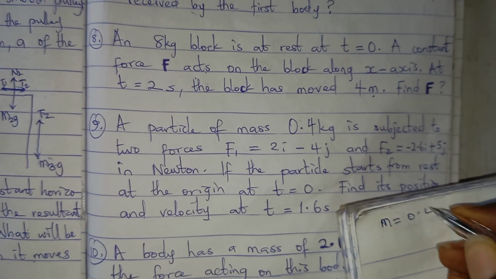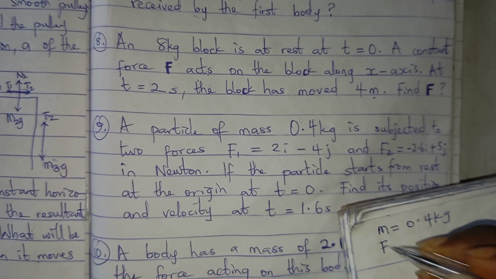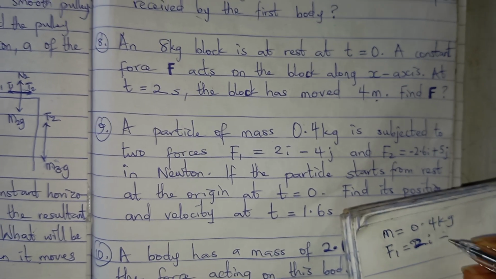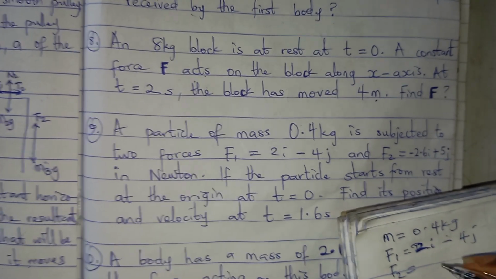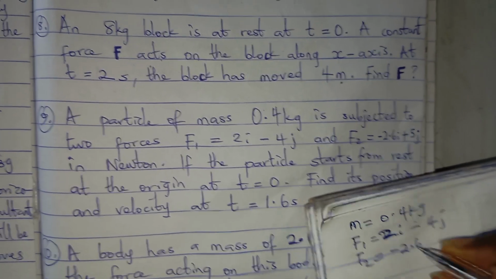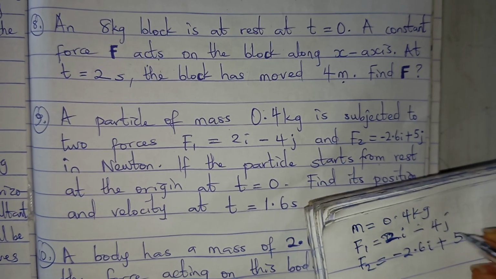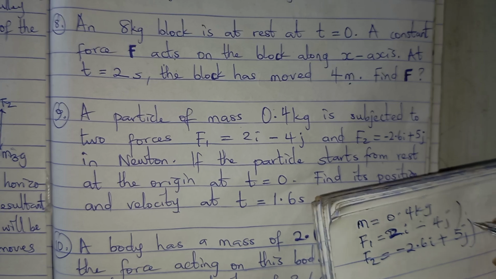Mass 0.4 kg, 2 forces: F1 equals 2i minus 4j, F2 equals minus 2.6i plus 5j. All in Newton.